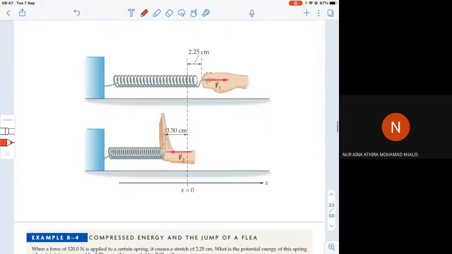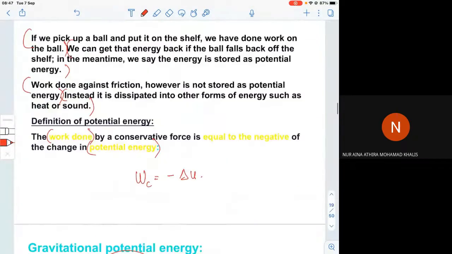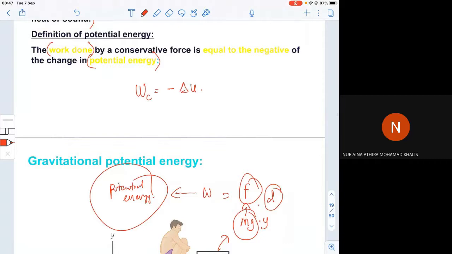First, we need to know the concepts of energy. The total mechanical energy E is based on delta KE plus delta PE.